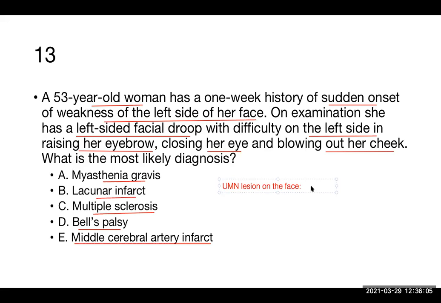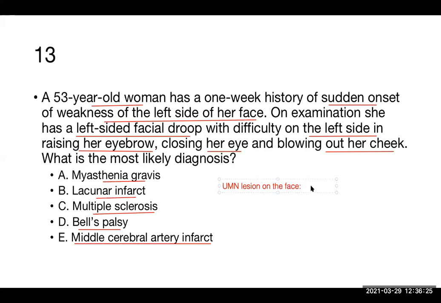Now, the eye is included as a part of the upper face. The forehead is included as a part of the upper face. Whereas blowing the cheek and the angle of the mouth are the important parts of the lower part of the face. Now, why is this differentiation important?